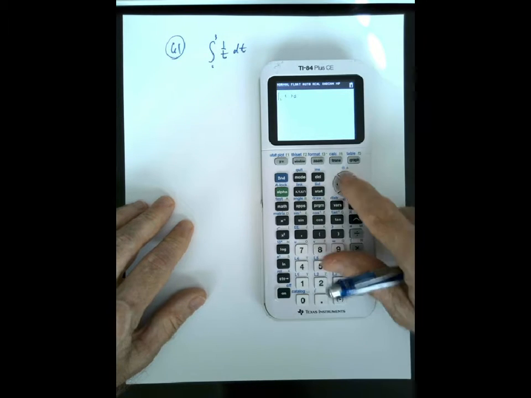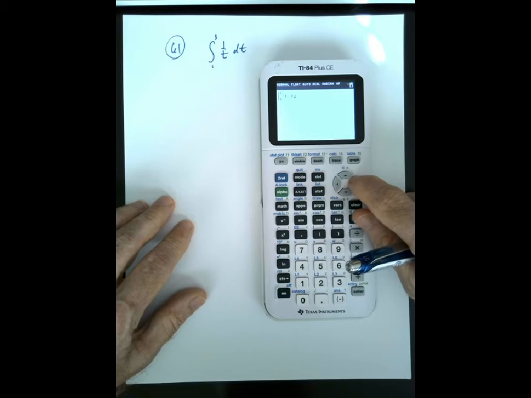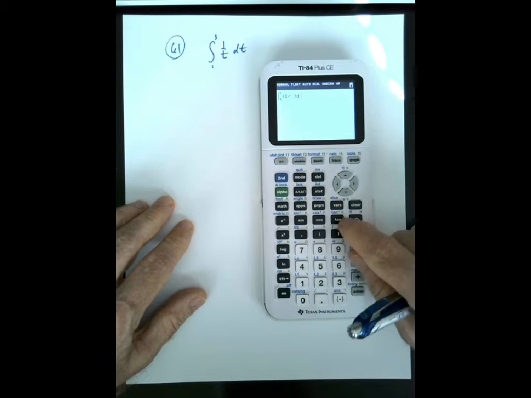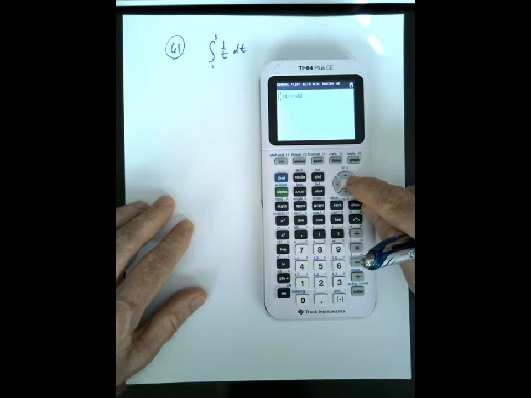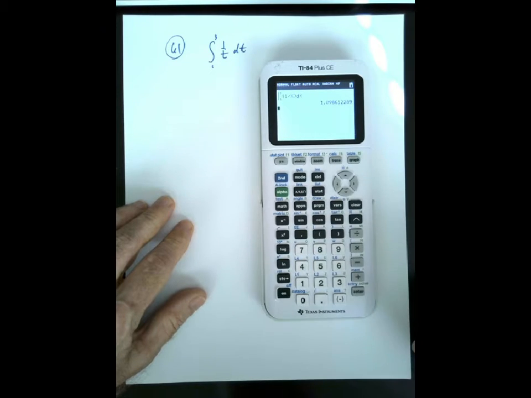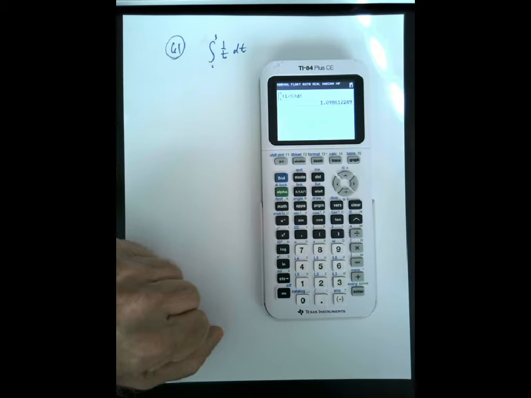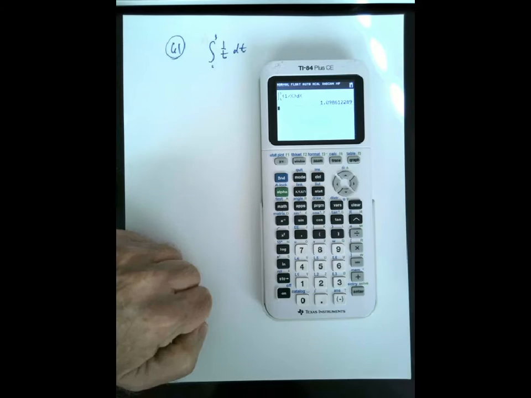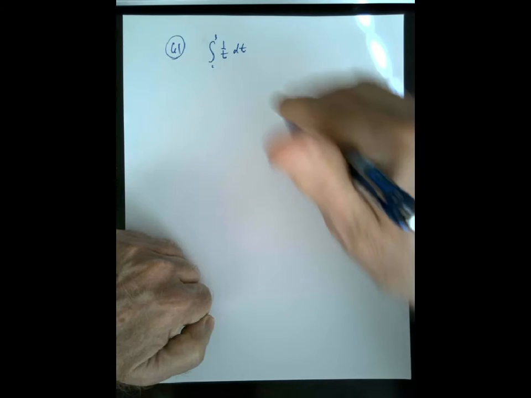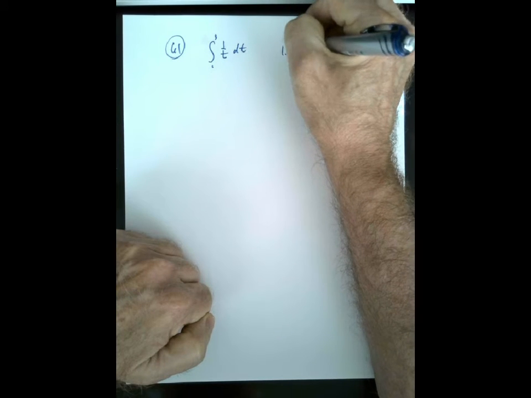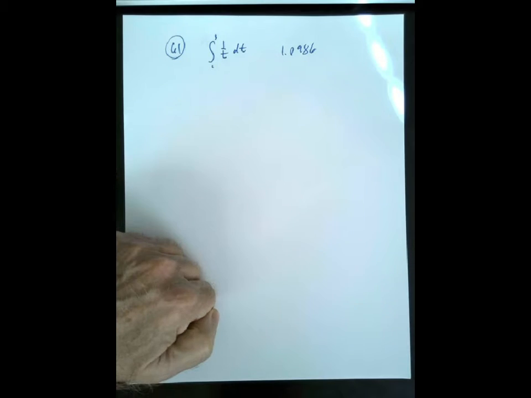So this is 1, this is 3, and this is 1 divided by x, then x, and boom. According to Mr. Calculator, that says 1.0986. Okay, 1.0986.